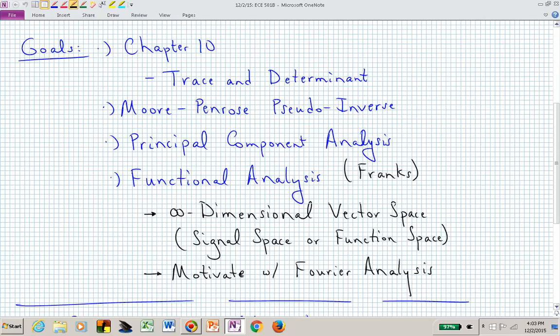But that's the Frank's textbook, and that should be under the course resources unit on the content page, and that's now connecting these concepts that we've talked about so far in finite dimensions with infinite dimensions. Instead of vector spaces, now we could think of not vectors but signals or functions, and so it might be called signal space or function space, and that's this infinite dimensional vector space concept.